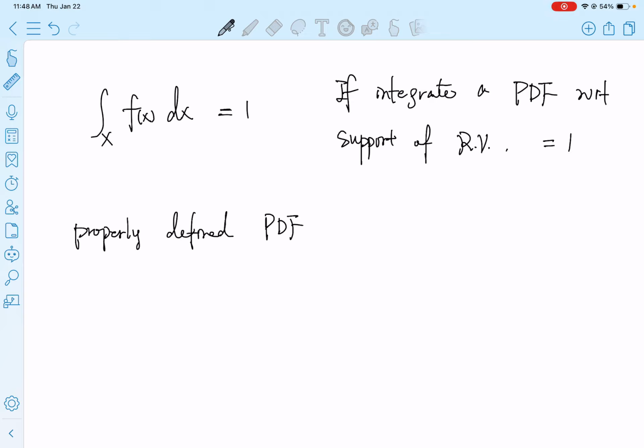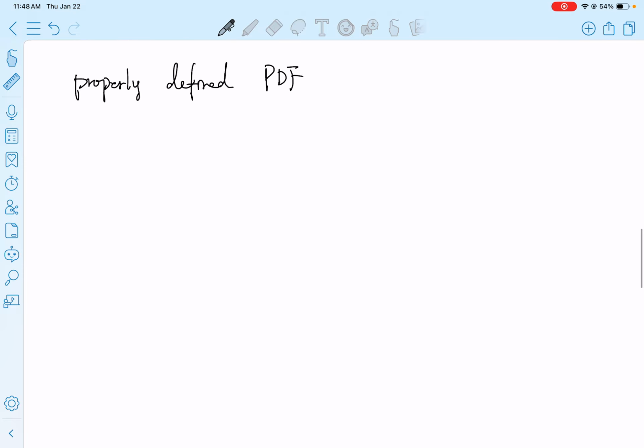Now, the next step when we introduce a new probability distribution is to calculate the moments. So in this case, let's take a look at this particular quantity, the kth order moment.